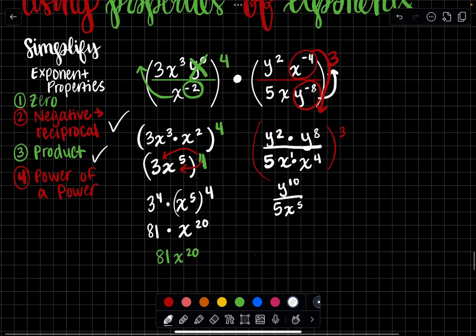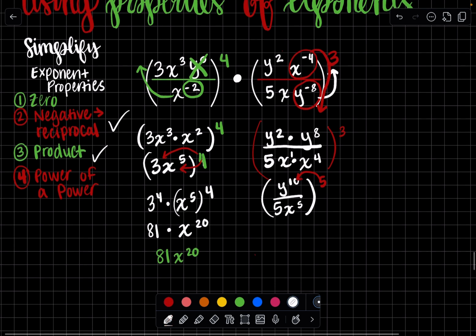So now I am raising this whole thing to the power of 5. So y to the power of 10 to the power of 5 simplifies to y to the power of 50. Crazy. That's a big number.